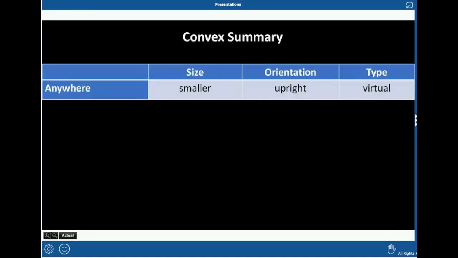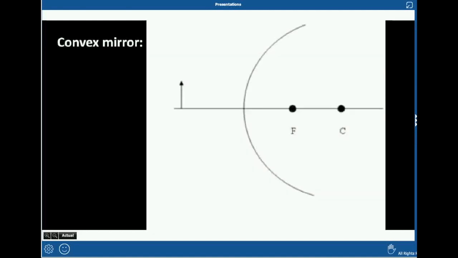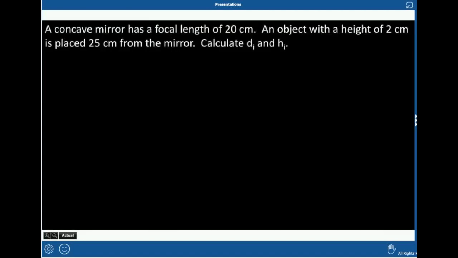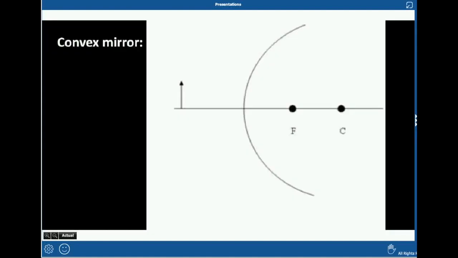Okay, so now let's talk about convex mirrors. Convex mirrors are the opposite of a concave, right? Now, you see your focal point here and your center of curvature here, but the mirrored surface is actually here.